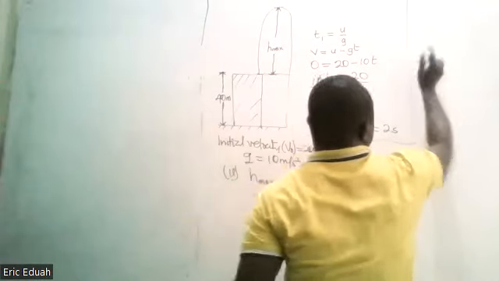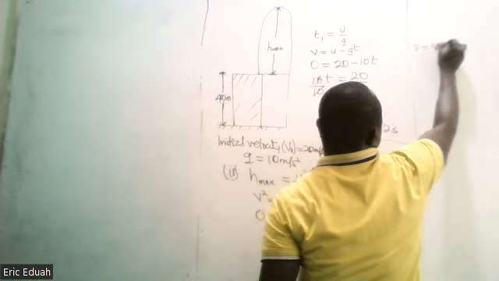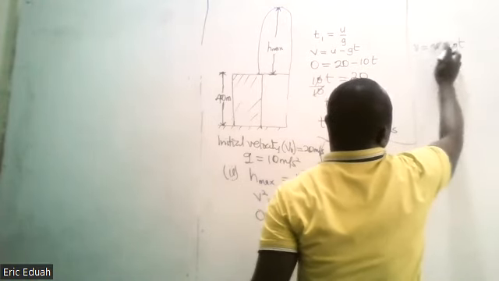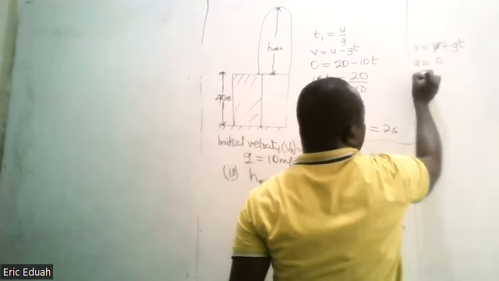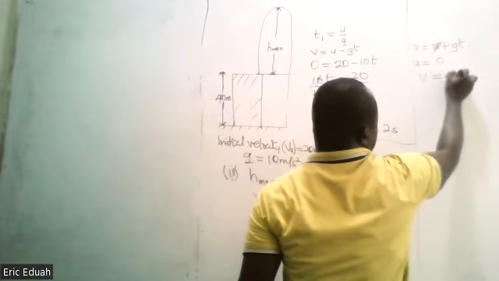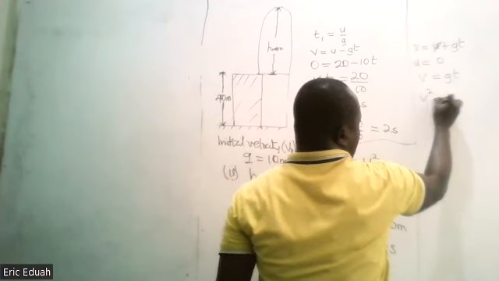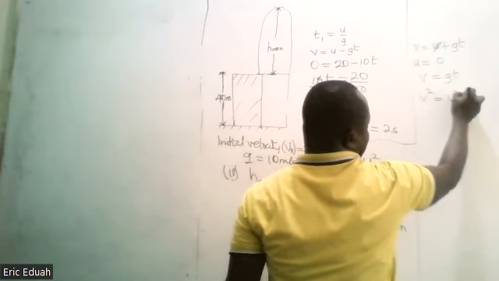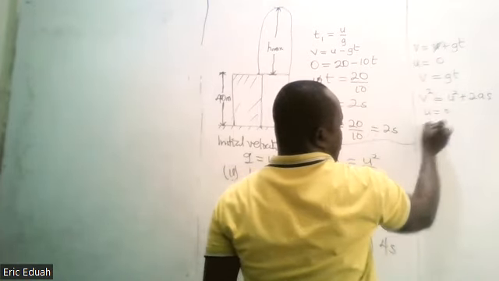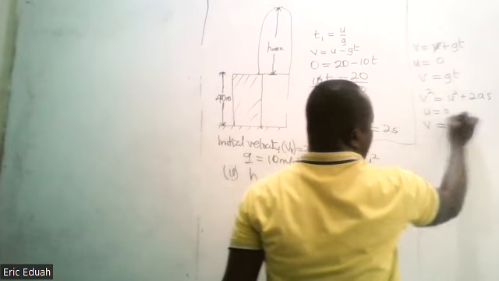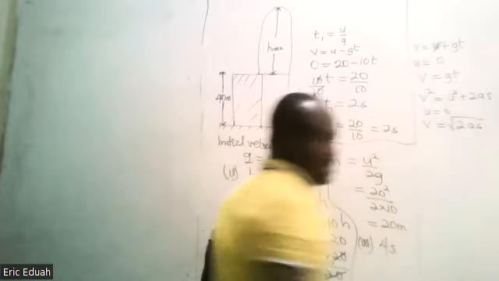The first one, V is equal to U plus GT. But because when a body is free falling, the initial velocity is equal to 0, we have V is equal to GT. The second one would be V squared is equal to U squared plus 2AS. U is 0, so we have V is equal to the square root of 2AS.